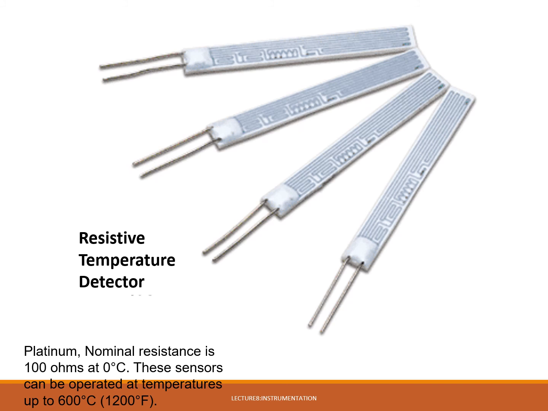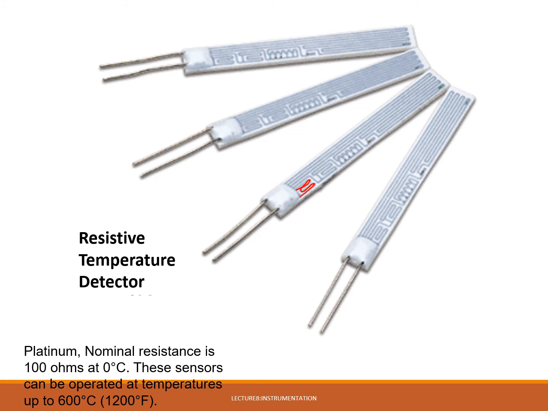This is an example of a resistive temperature detector. It is actually a metal put into this shape here. The working principle for the RTD is based on different materials having different resistance values when put at different temperatures.